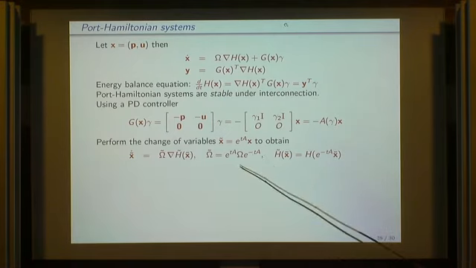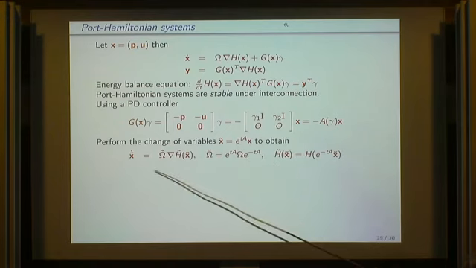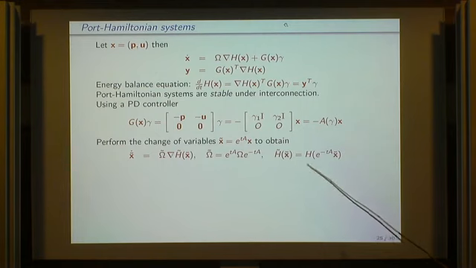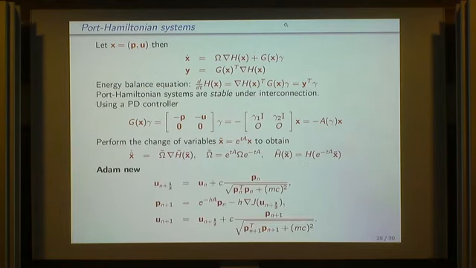By this change of variable, you can rewrite your system in this form, where now omega has this format, and the energy is changed to be like this. Then you can, for example, play around, if you like, and I did this for this talk, and create integrators for this new problem, or exploit the PID formulation.